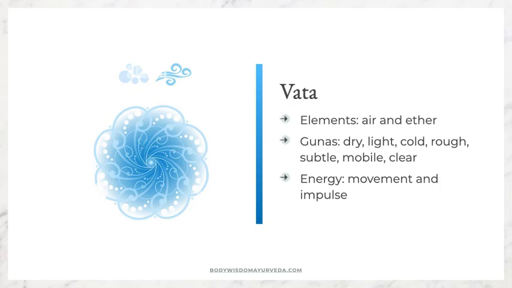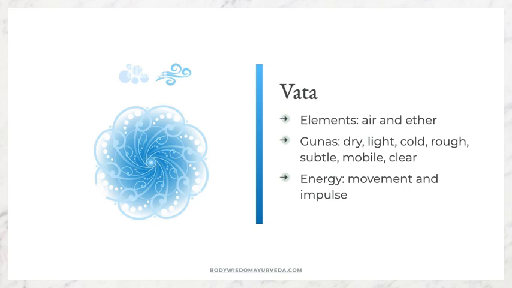Vata is comprised of the elements of air and space. The gunas associated with it are dry, light, cold, rough, subtle or pervasive, mobile, and clear. The energy of Vata is movement and impulse. In our bodies, it's responsible for breathing, heartbeat, movement, nerve impulses, sensory perception, and communication.